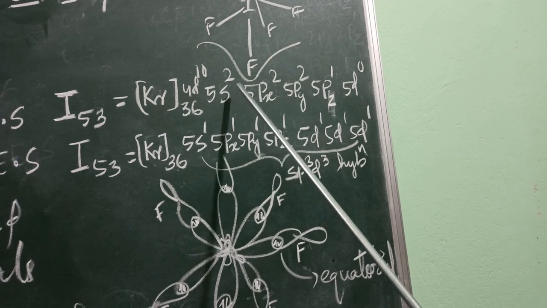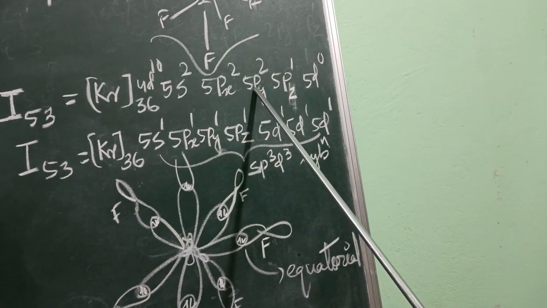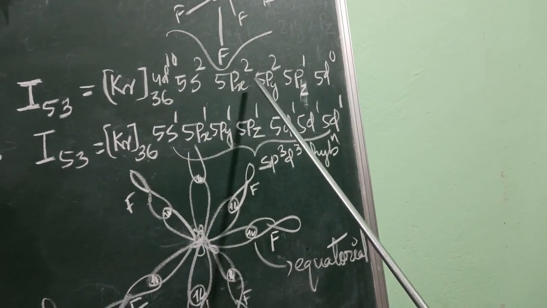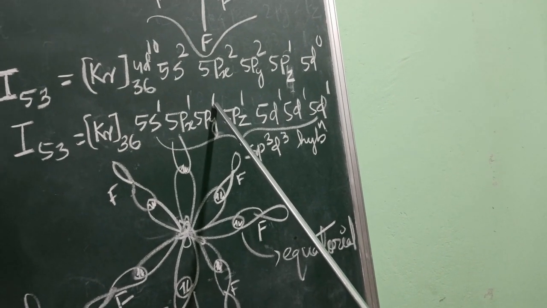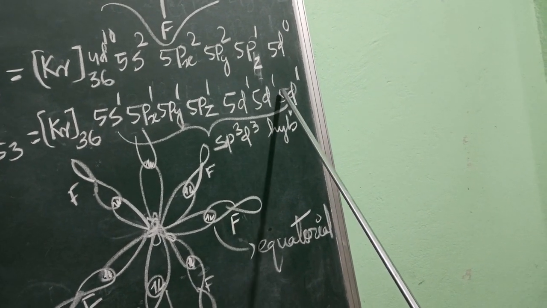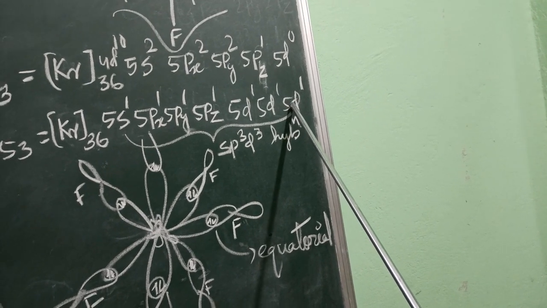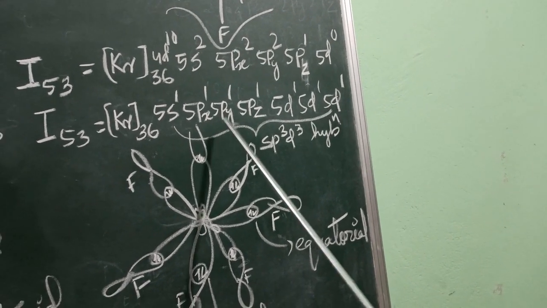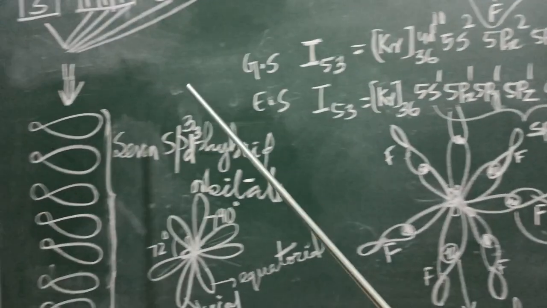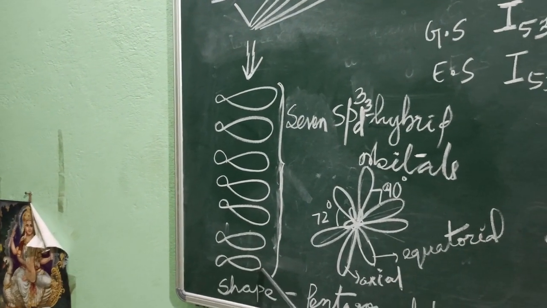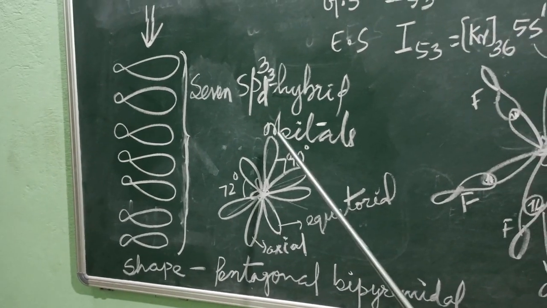These 3 filled orbitals can be unpaired like this. The 3 electrons will be excited to the 5d orbitals. Hence, the 7 orbitals will intermix to give 7 hybrid orbitals, and the arrangement will be in this manner.